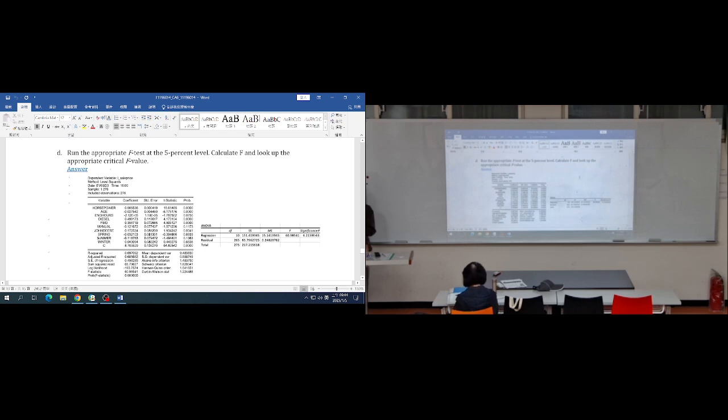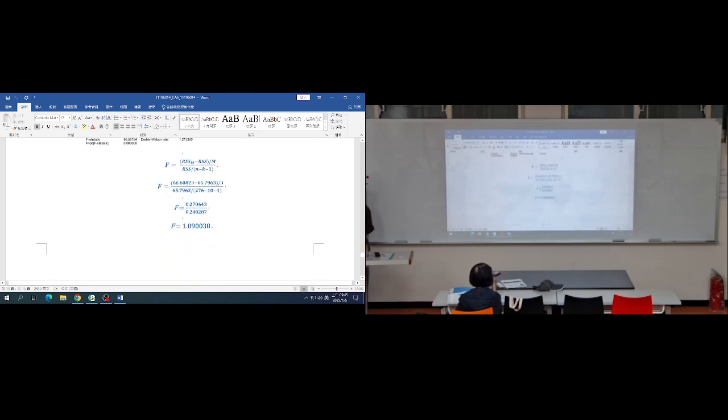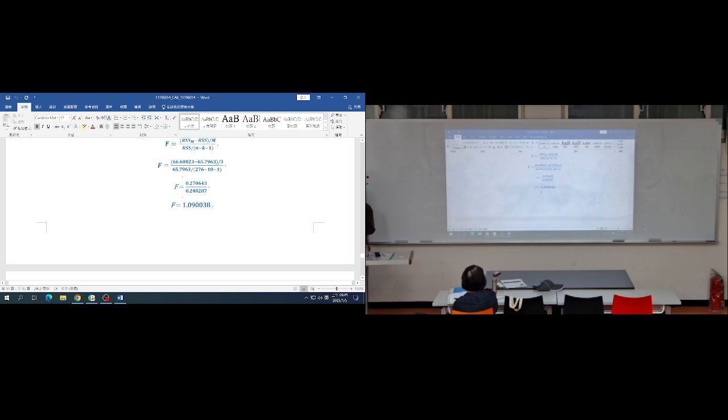Okay, for question D, run the F test at the 5% level and calculate it. First of all, I do it like this as in the textbook because I would like to make sure that the value is the same in the program. So I got this value.